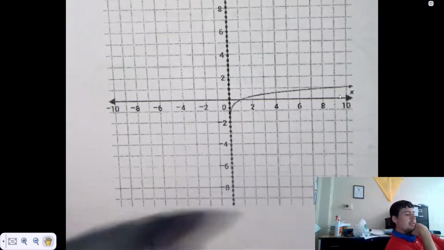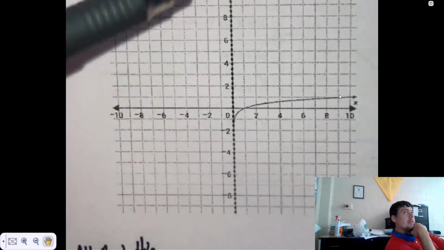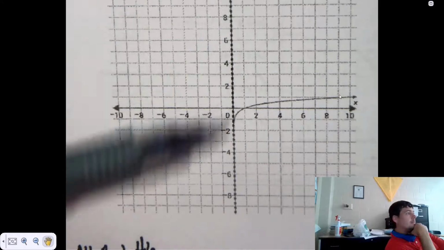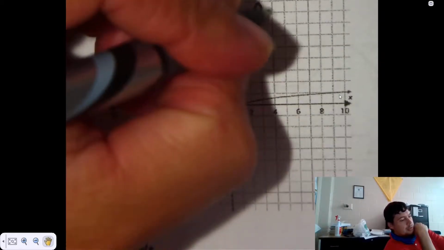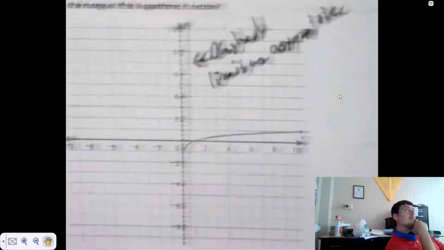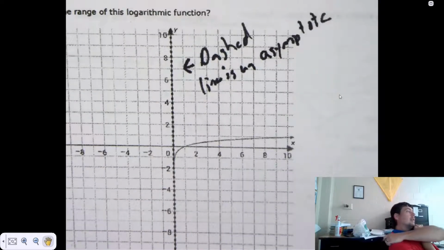Now this one actually has a dashed line on the y-axis. Does anybody know what that's telling you? A dashed line is what we call an asymptote. It says the function does not cross that line or touch it.